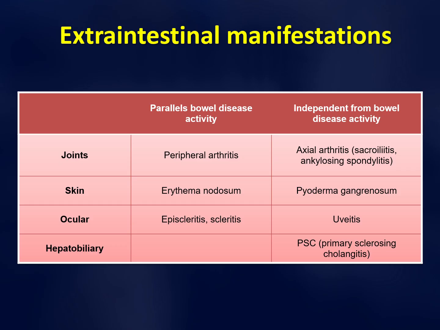So treating the activity of disease is not sufficient, and you should have a therapy that also acts on pyoderma gangrenosum. When it comes to ocular manifestations, episcleritis and scleritis are related to the activity, whereas uveitis might progress independent from bowel disease activity. And when it comes to hepatobiliary involvement, primary sclerosing cholangitis, one of the really dreaded extraintestinal manifestations associated with IBD, usually is independent from bowel disease activity.